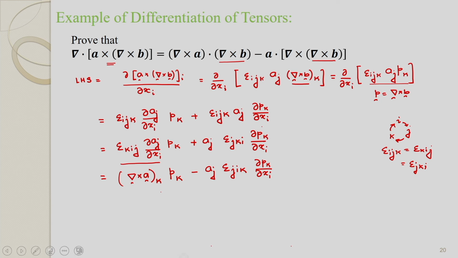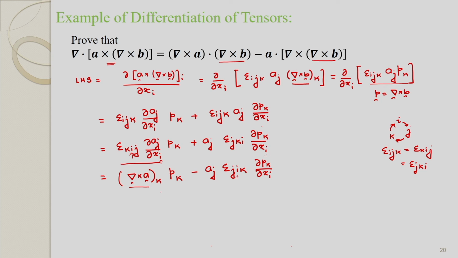We are interchanging the index in such a way that we have the second index with this denominator and the third index with the numerator, so that we can use the indicial notation of curl. Here also we have changed the index such that this denominator index comes in the second position and the numerator in the third position.